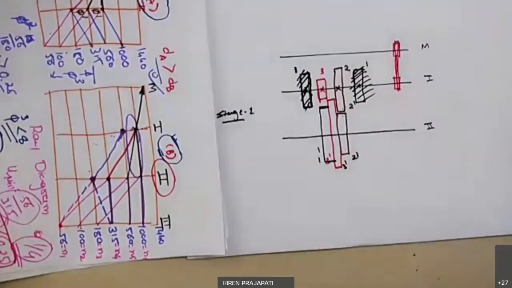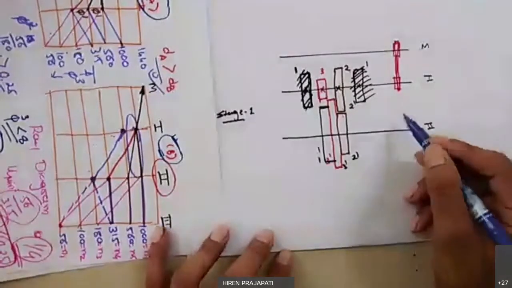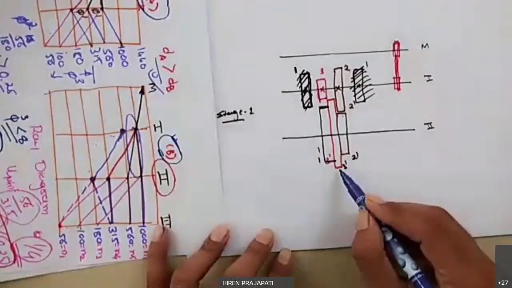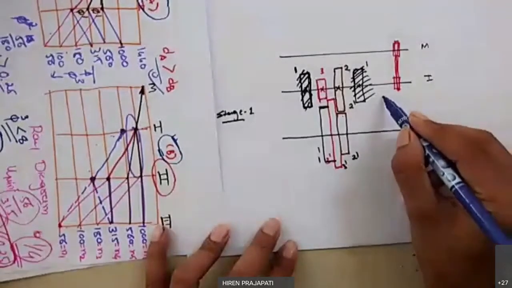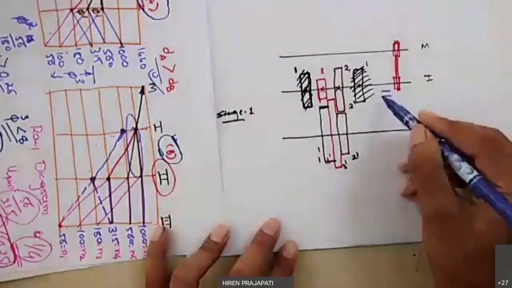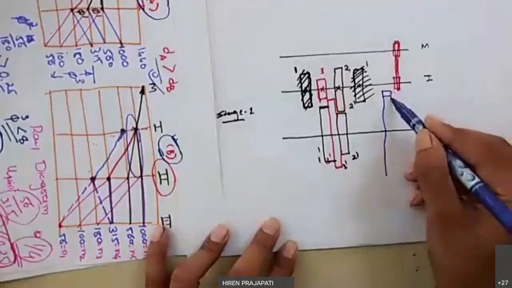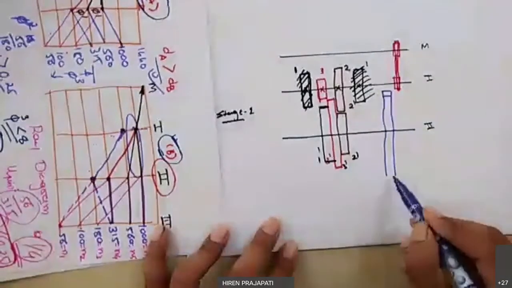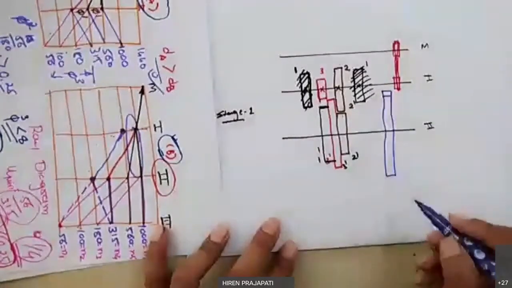So now I'm drawing one gear cluster, but it should be larger than 3 dash. This is again an approximation. It is just giving you an idea about the gear arrangement.